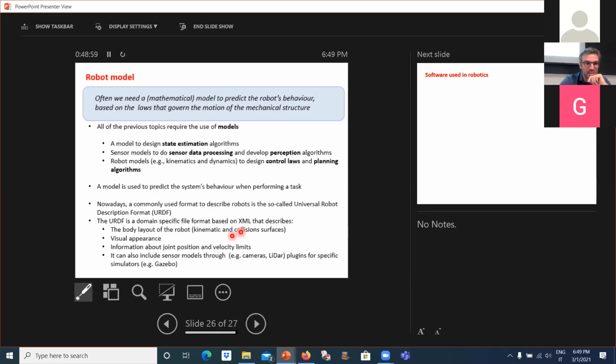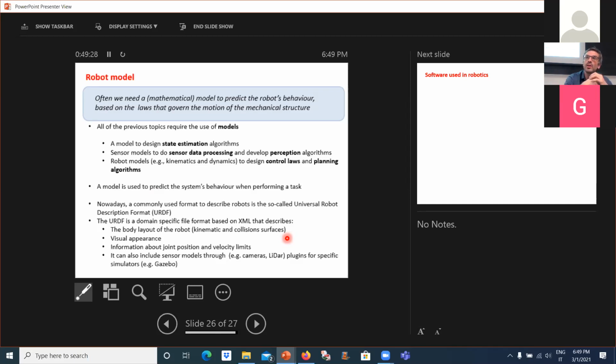So the URDF contains the body layout, kinematic and collision surfaces, the visual appearance, and the 3D CAD of the links. So from the drawing of the robot, you can get the CAD for each link and associate to the link the drawing of the CAD. And this is used, for example, to compute collisions.